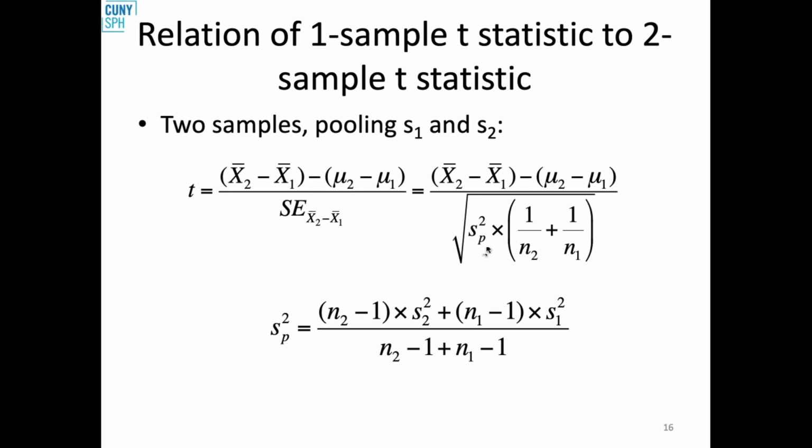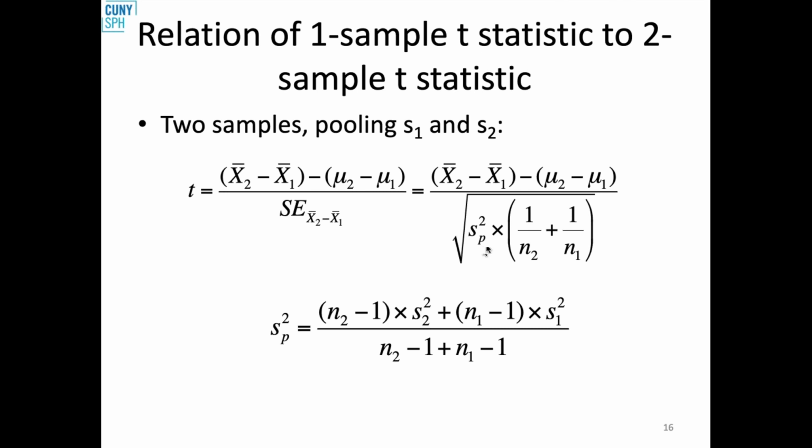So the pooled standard deviation is equal to n2 minus 1 times the standard deviation squared for group 2, plus the same thing for group 1, over the sum of the two sample sizes minus 2. If they were 50 each, it'd be 100 minus 2, which would be 98 down there. That's our pooled standard deviation. It's basically a weighted average of the two standard deviations.